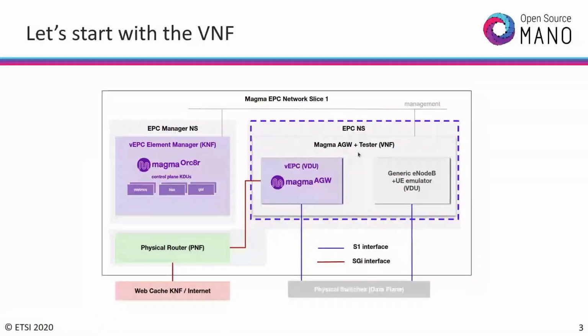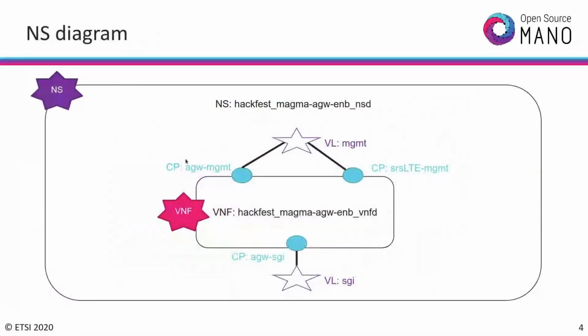So this VNF will have two external connection points that will connect it to other VNFs or other network services. And then we will have two internal connection points that will interconnect the elements of the VNF itself. So from the network service perspective, we have three connection points, two managements and one SGI, which will go eventually to the PNF.